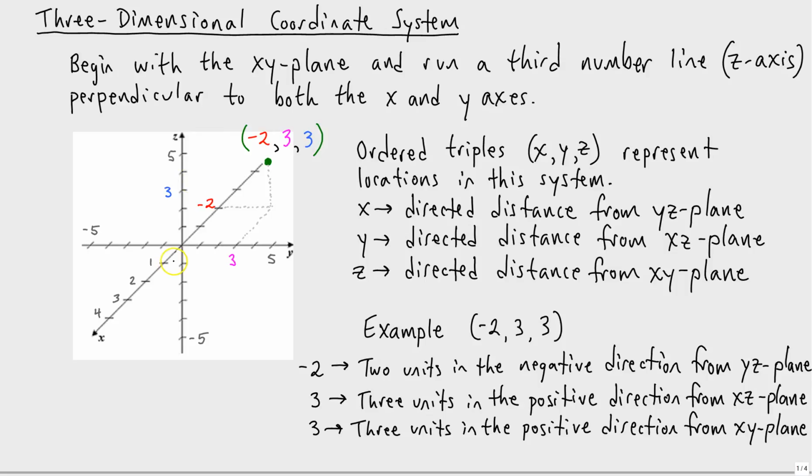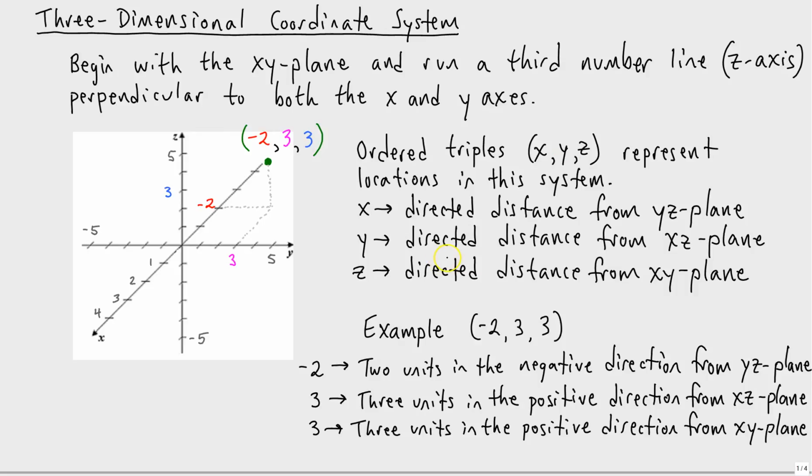And then the x-coordinate tells you whether you are so many units in the positive direction away from that vertical wall, or so many units in the negative direction away from that plane, the yz plane. So notice we only have arrows on the positive part of the axes, because since these can be drawn in a lot of different ways, your audience always needs to know which way is positive. So we put arrows only on the positive ends of the axes.